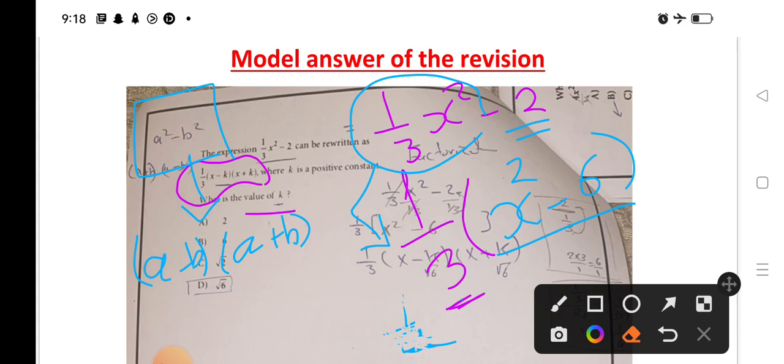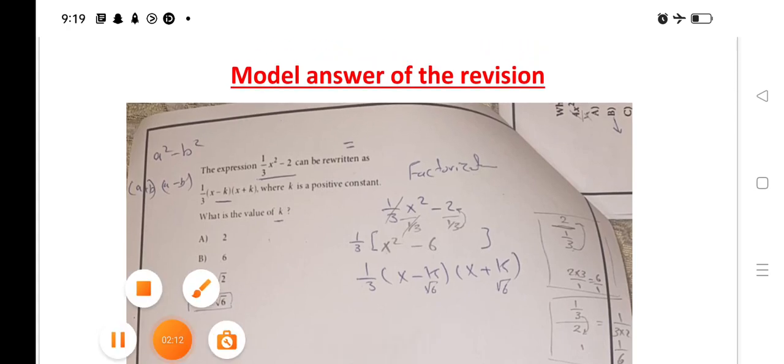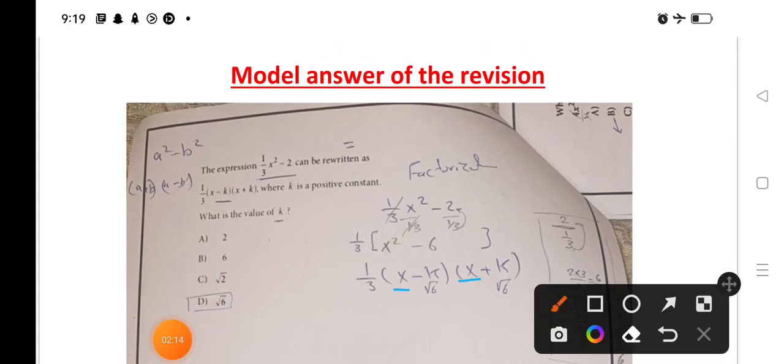After this, I will take the square root of x squared, which is just x, bravo, just x. And on the other side, I will write just x.